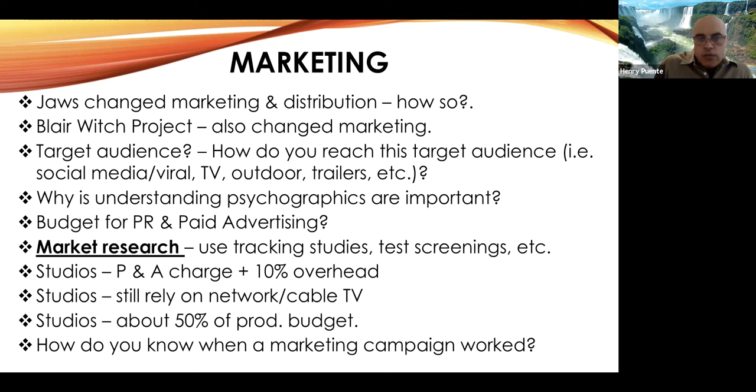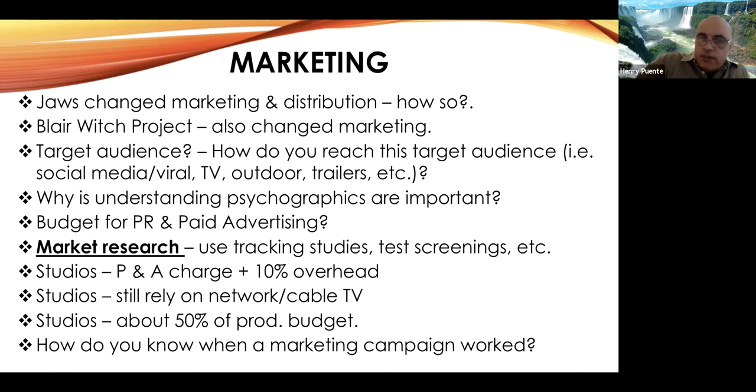So studios, the way movies are done, there's something called a P&A charge plus a 10% overhead. P&A stands for print and advertising. So the studios are going to charge the producer whatever it costs them to produce the prints, as well as they're going to charge them for advertising, the marketing costs.